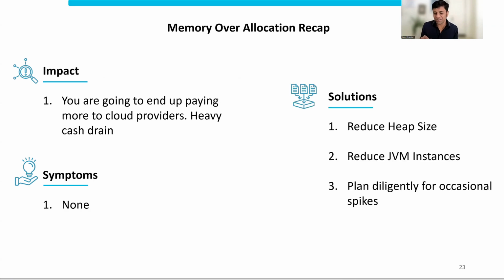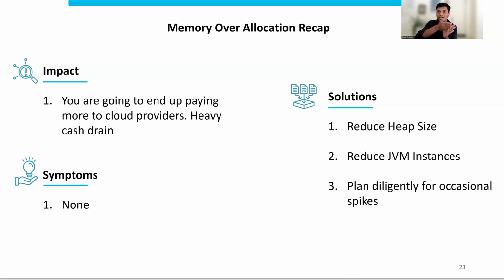And what are the solutions? The solution is to reduce your heap size, or you can try cutting down the number of your JVM instances. Another thing I have always seen is that most applications have flat traffic except for a certain time window in a day, maybe in the morning when all the customer transactions run at 9 a.m., or when some batch job is running. There may be some spike going on.